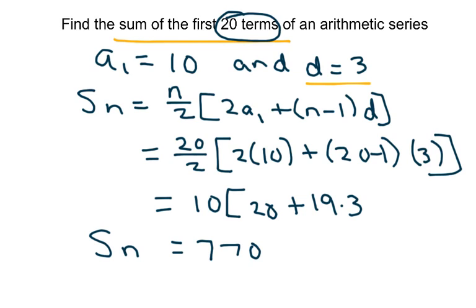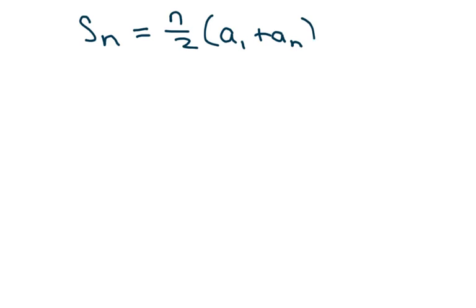Now let me show you on the next slide how we get this formula. Well, first of all, from the very first video you watched, you knew that the sum from Gauss is n over 2 times a sub 1 plus a sub n.